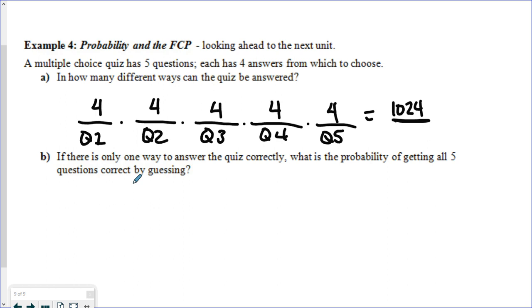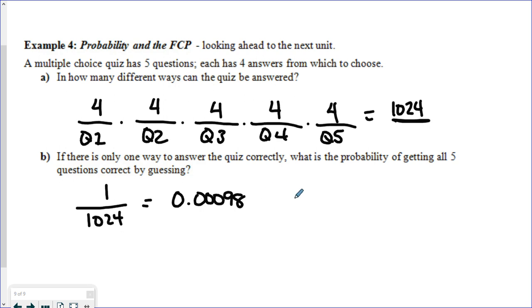So if there is only one way to answer the quiz correctly, what is the probability that I would get 100% on this Mandarin test that I have no idea about? There's only one right way to answer it, and there are 1,024 possibilities. So the probability of me getting 100% on a test that I have no idea what I'm doing is 0.00098.